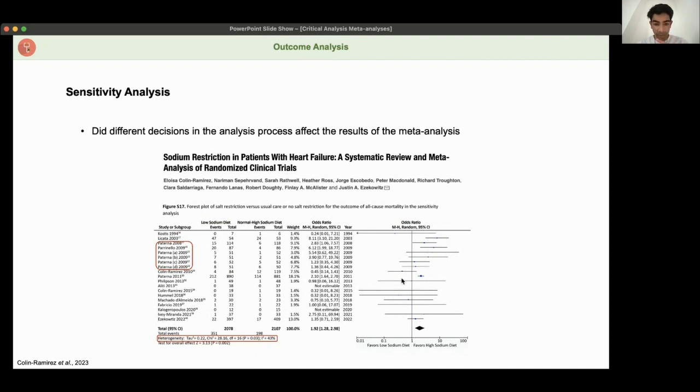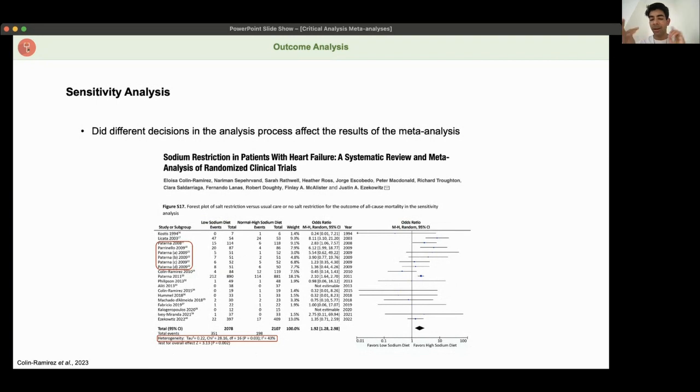Another important thing you can see, if you can see my pointer, is that little study there has the highest number of people included in it, this Paterna 2011 study. And that's probably pushing the results to the right side as well. And Paterna is the same group of people who did the studies highlighted in red.